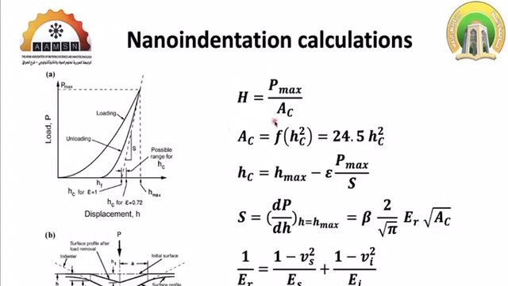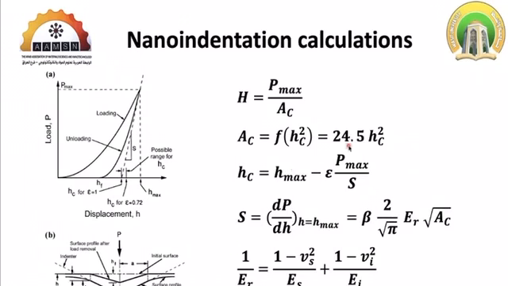As long as we are using a very well-defined indenter like Berkovich, Ball, or Vickers, we can take AC as a function of the penetration depth of the indenter.